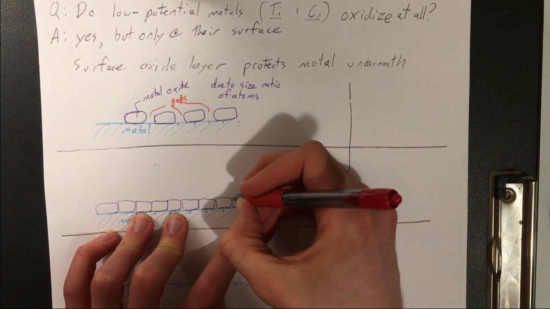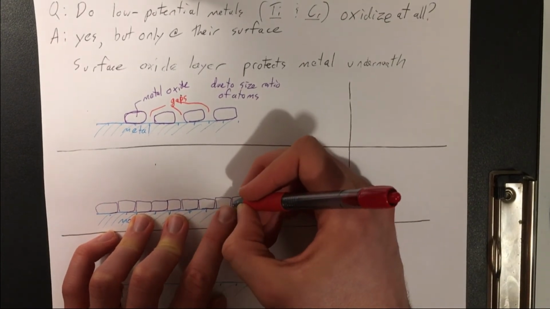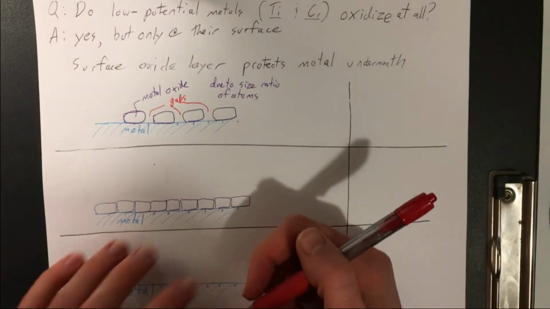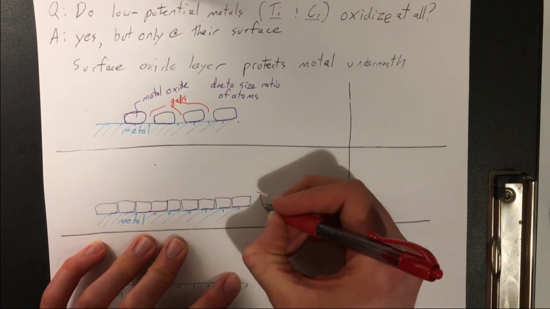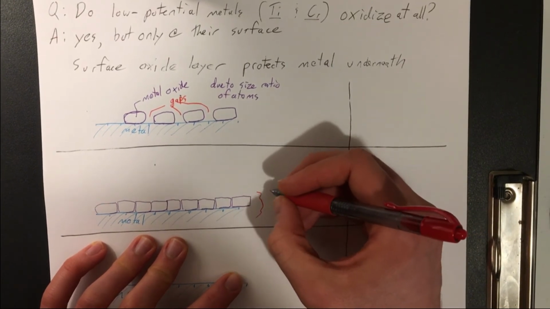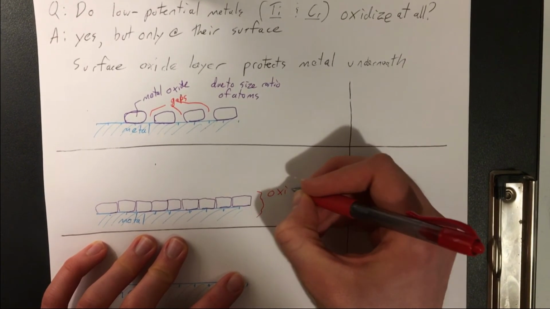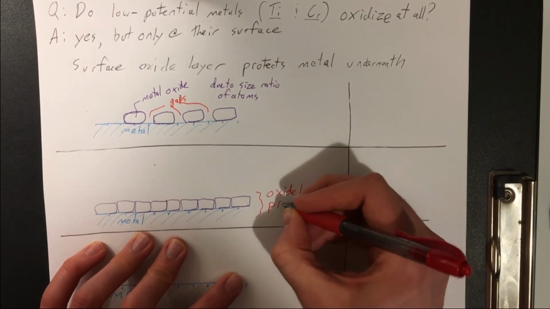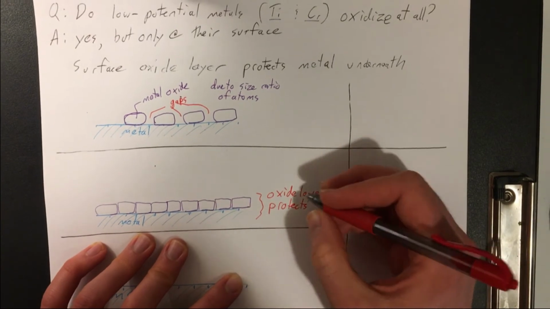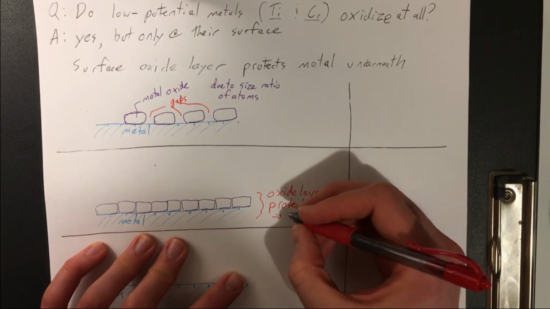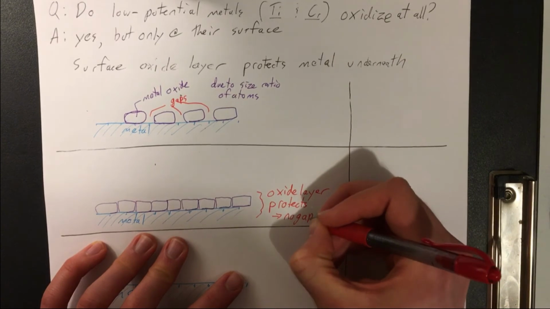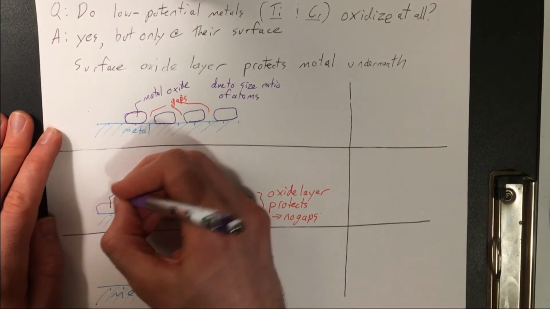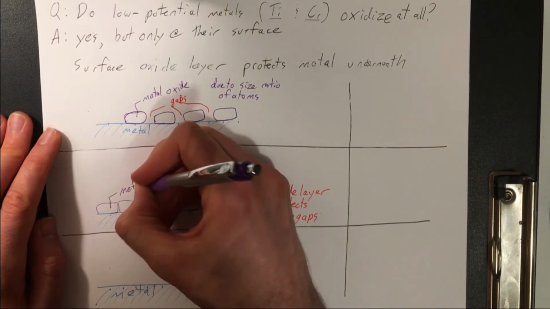So maybe there are no gaps or very small gaps, or maybe these are even overlapping slightly, but there's enough so they all fit in. And in this case, the oxide layer protects. And the key thing is that there are no gaps.